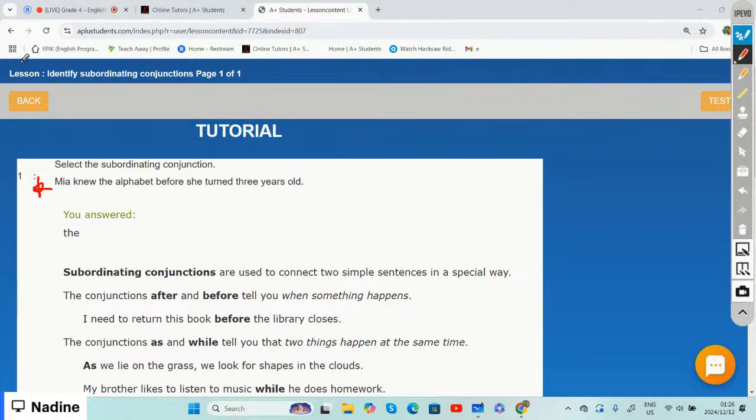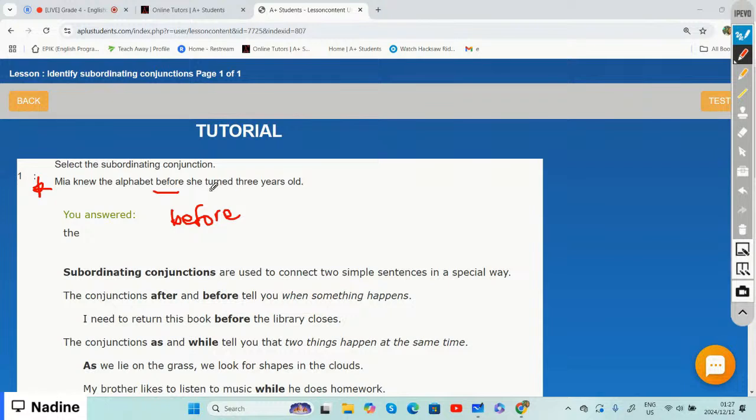And if we were to select the subordinating conjunction, we can say before is our subordinating conjunction. And remember, before will tell us when something happens. So when something happens: Mia knew the alphabet before she turned 3 years old. When?